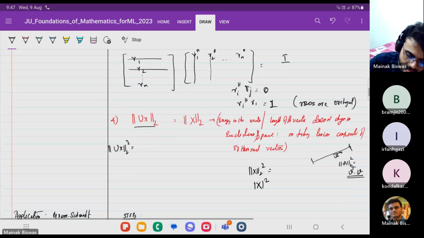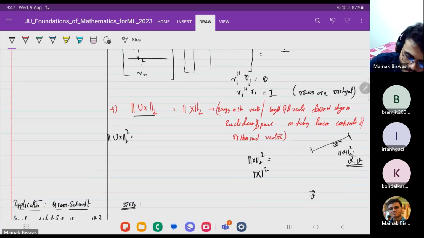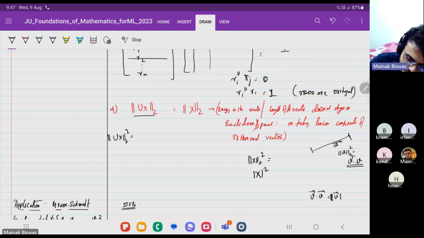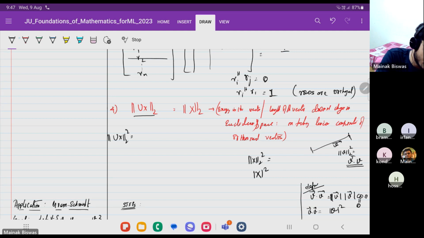Yes or no? So v dot v is nothing but the length of the vector times the length of the vector times cos theta, where cos theta is 0. Correct? This is how you define the dot product, right? So this is x Hermitian x.